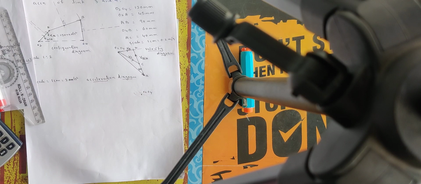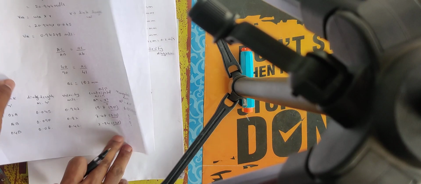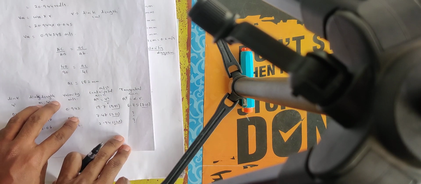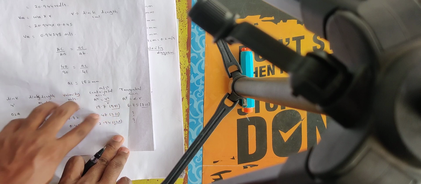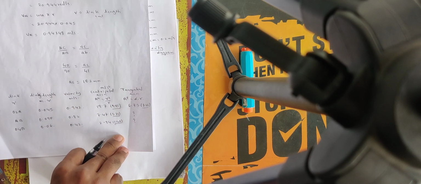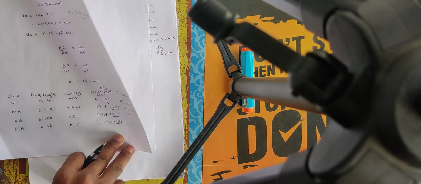Next, we have to construct the two accelerations. Every time we have to construct two acceleration lines: one is normal acceleration and the other is tangential acceleration. Normal acceleration is always towards the center of the axis of rotation of the link.